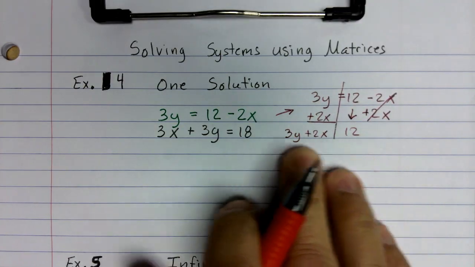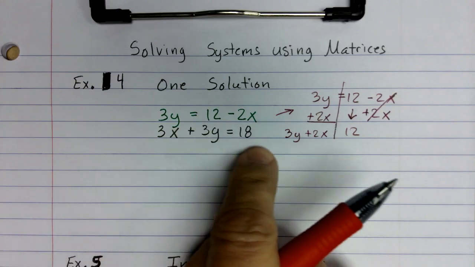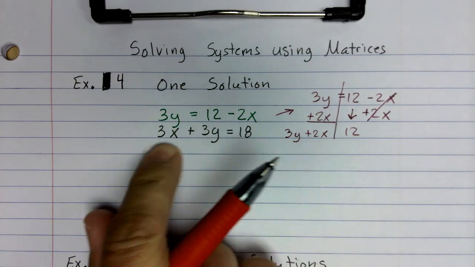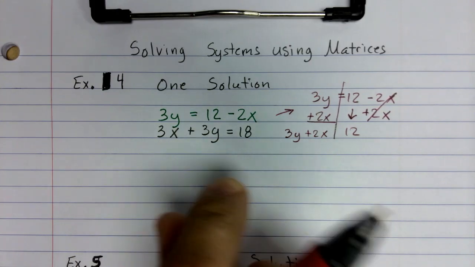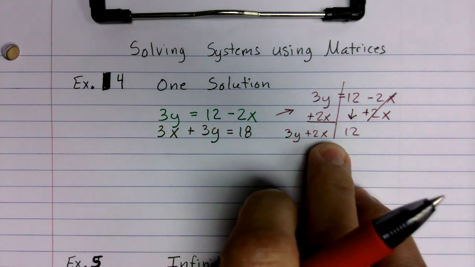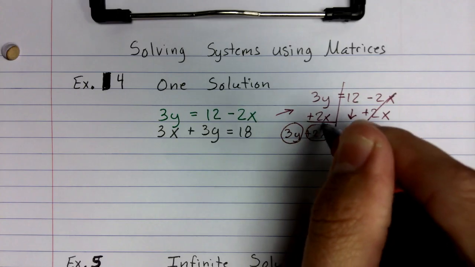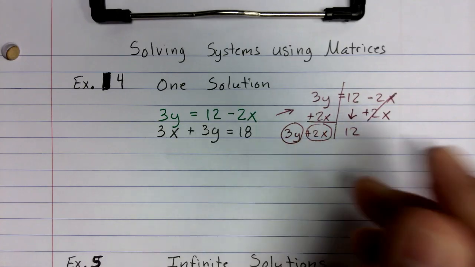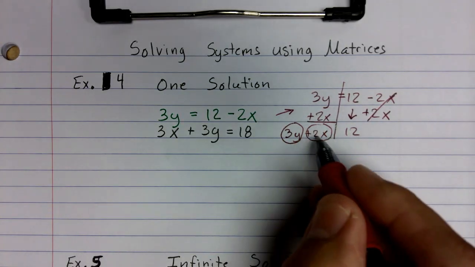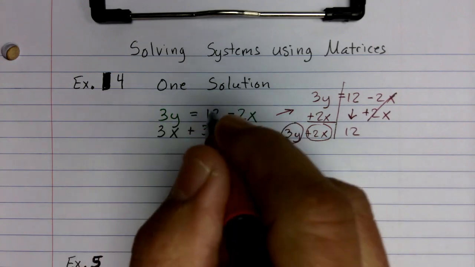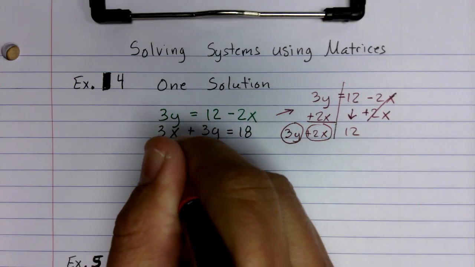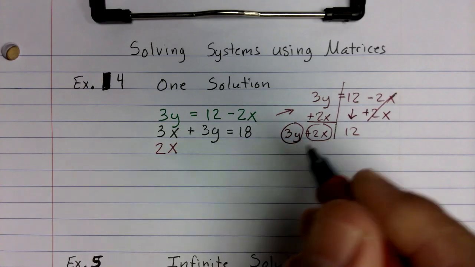So it's almost how we need it, but notice I'm going to be combining it with this equation down here at the bottom, and so I want to put the x term first. And remember that each one of these just represents a term, and we can rearrange terms that are on the same side in any order. So I'm going to put the 2x first. So underneath this, I'm going to write 2x, and then I'm going to put the 3y next.